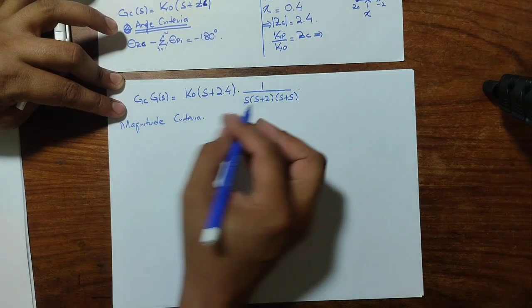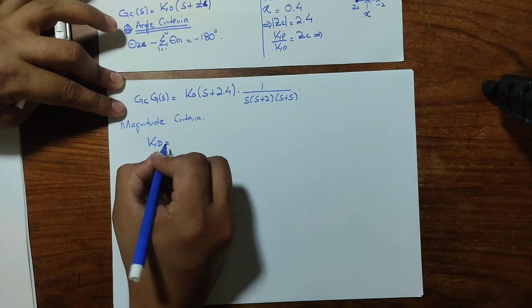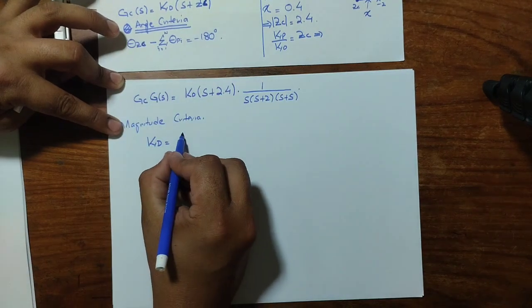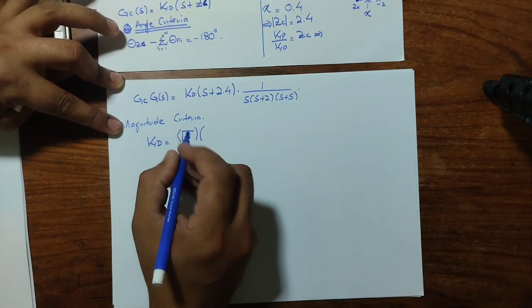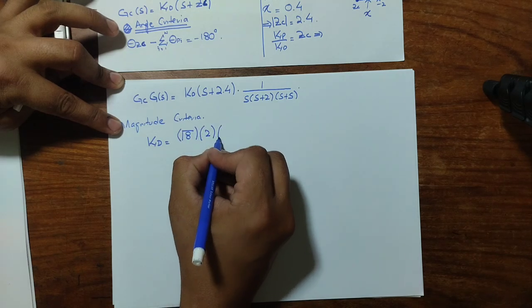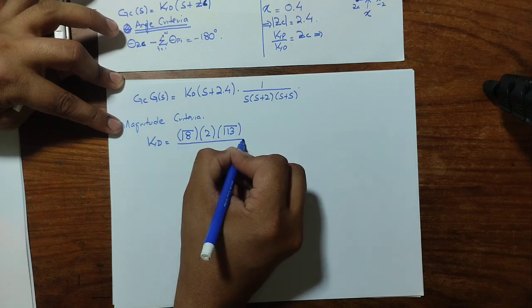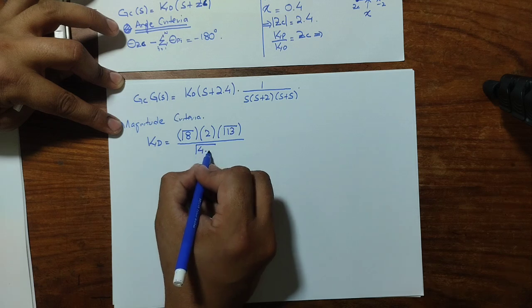Using this, cross multiplying terms, we got Kd equal to root 8, then 2, then root 13, divided by the contribution of the lone compensator zero.